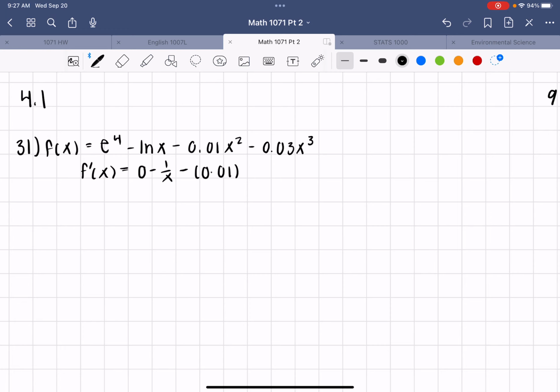X squared goes to 2x. This 0.03, it's just a coefficient. It stays. X cubed is 3x squared. And so if you do your arithmetic, negative 1 over x minus 0.2x minus 0.09x squared.